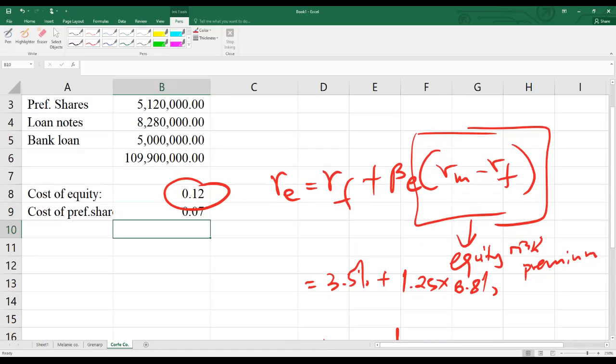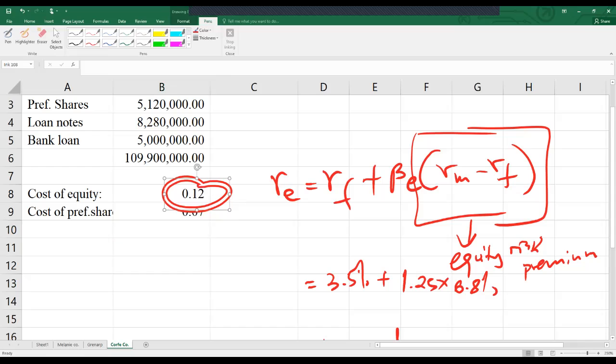And again, therefore 7% is the cost of this preference share. Don't forget, I haven't multiplied by 100 because I want my figures to be in decimal. If you want to multiply, no problem, but don't mix the two. Don't mix the percentages and decimal. Okay, that's the cost of preference share.